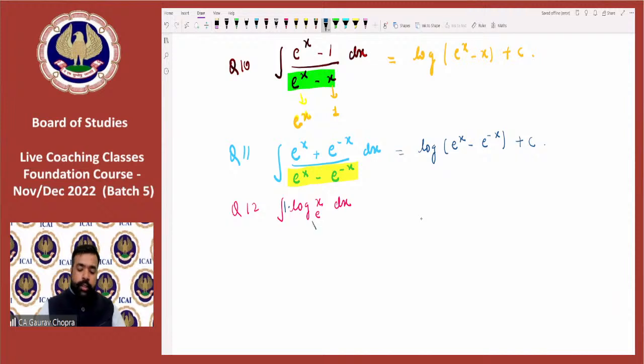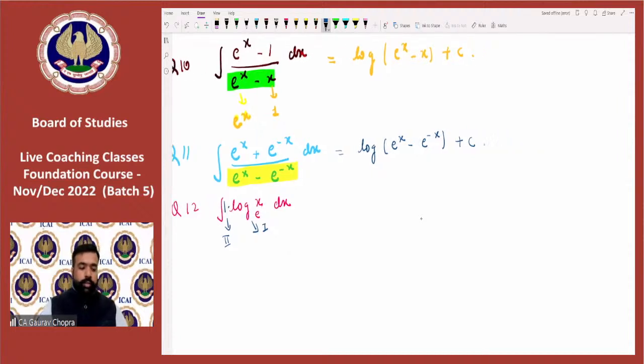Log of x is the first function and 1 becomes the second function. Now apply the UV rule.